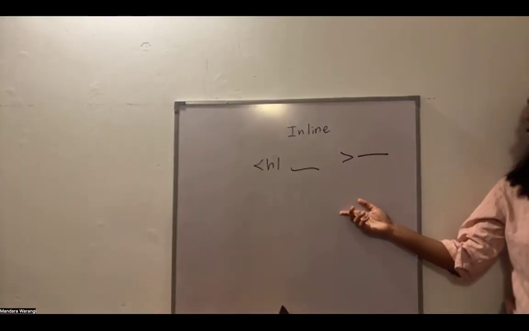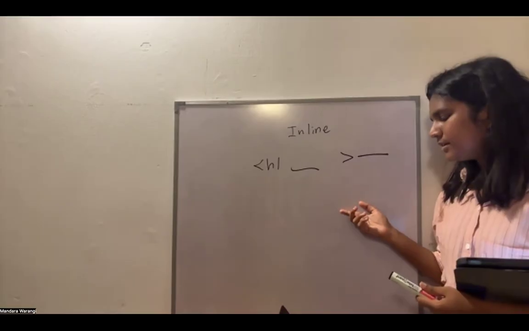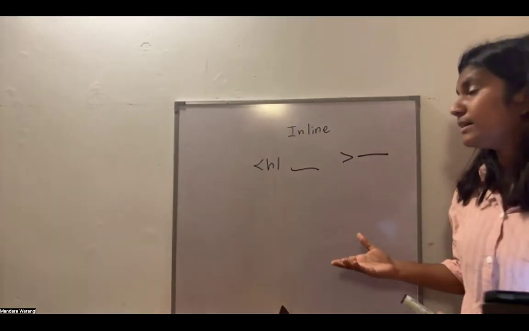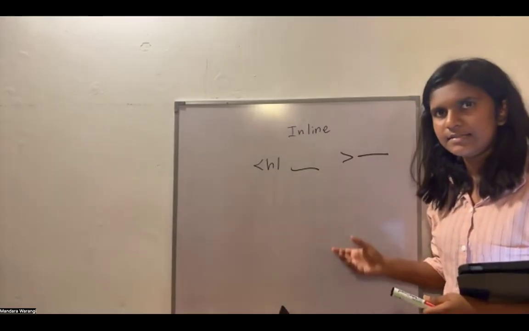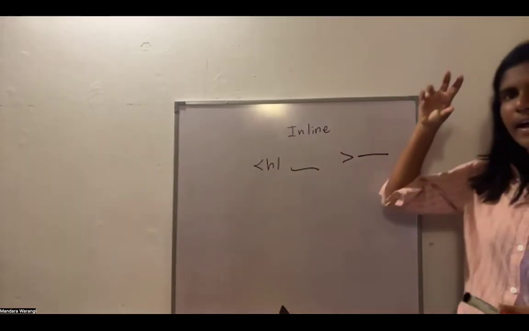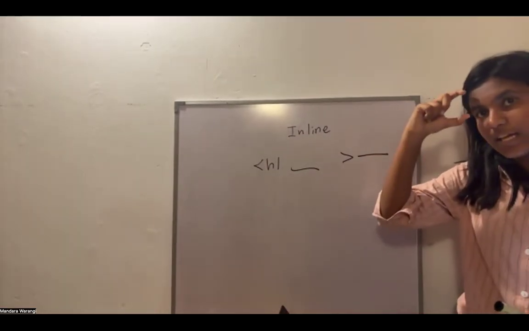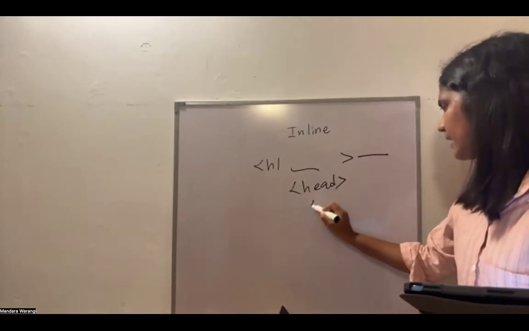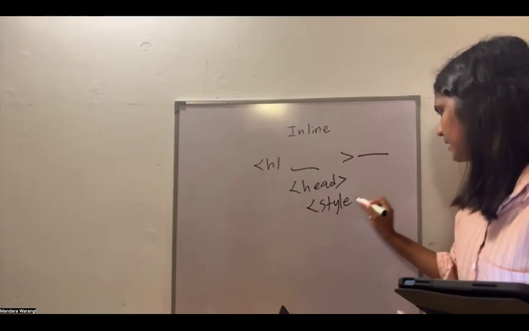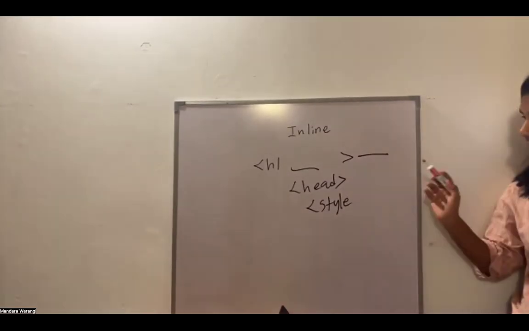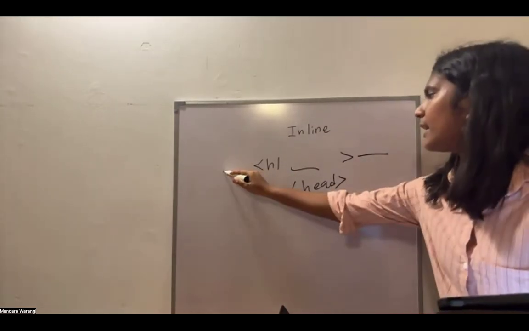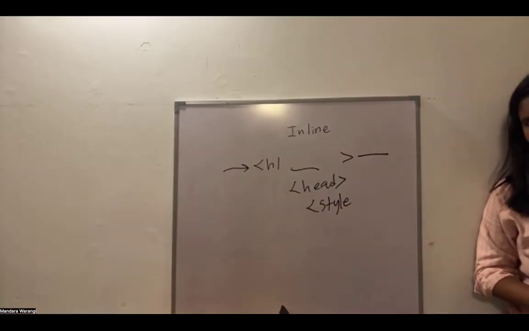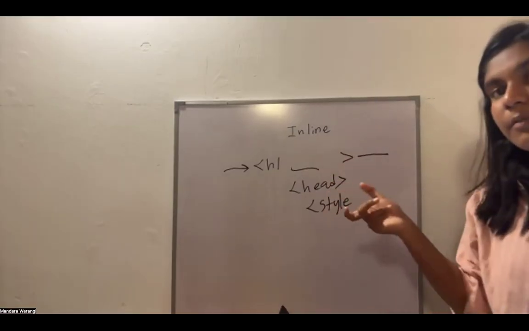File size will be lower. Even if you use internal CSS, you have to write the whole code within the head tag as a style. But in this context, you can write it as inline CSS, so the file size becomes lower.